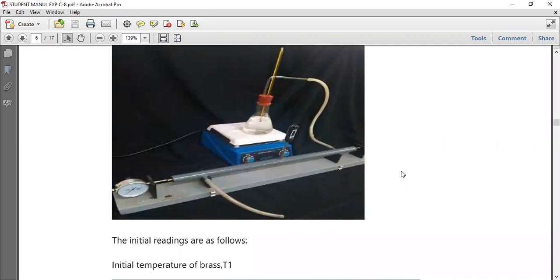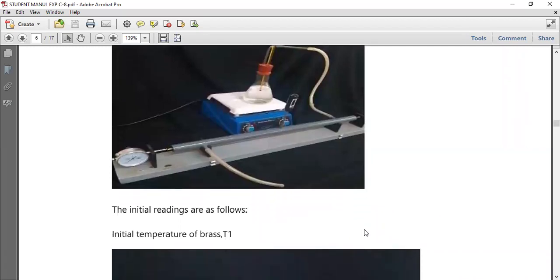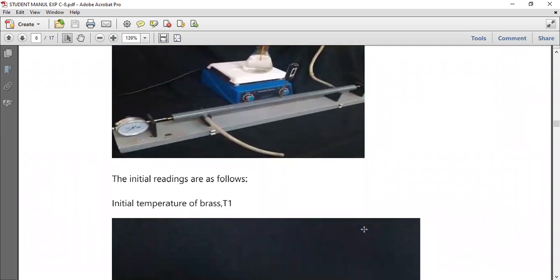So basically, before the heating process, we'll need to take the initial measurements of the metal rod, of the temperature here, and also we'll take the reading of the dial gauge. The initial measurement of the metal rod will be taken using a meter rule.